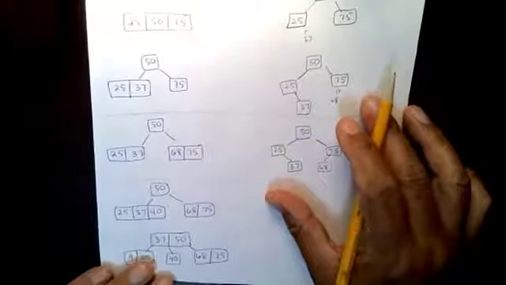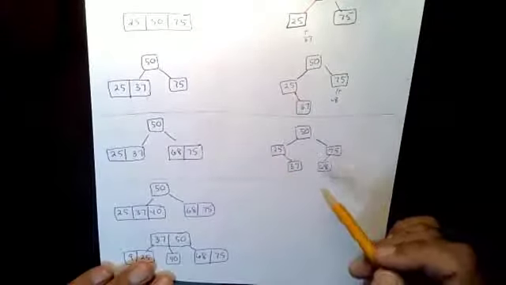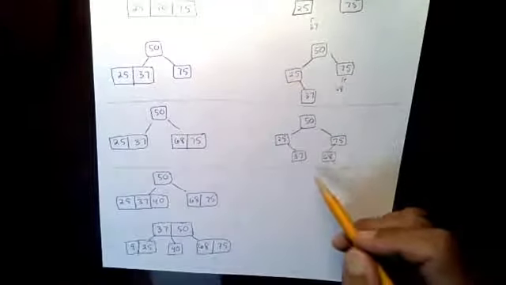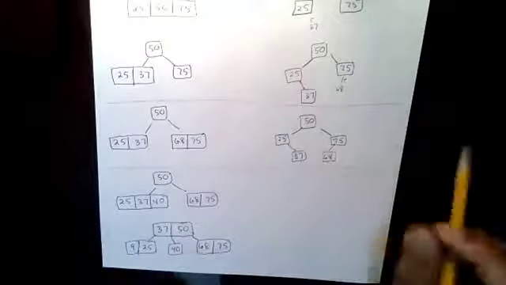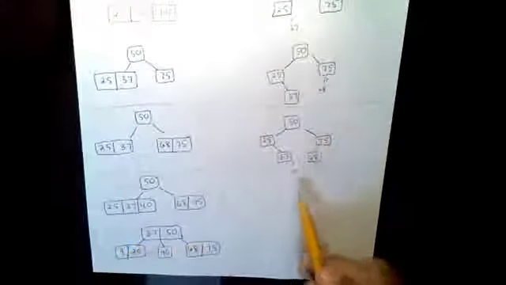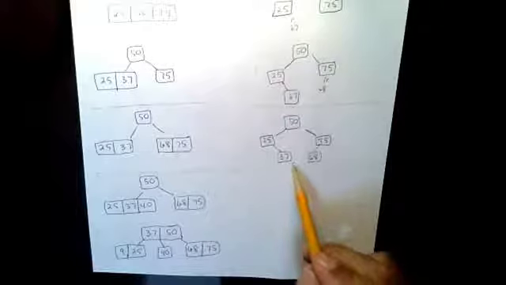And the next thing I add after the red 68 is a 40. Okay, where would the 40 go? To the right of 37. So actually, I don't want that line. To the right of 37 is going to be a red 40, and I have 2 reds in a row.